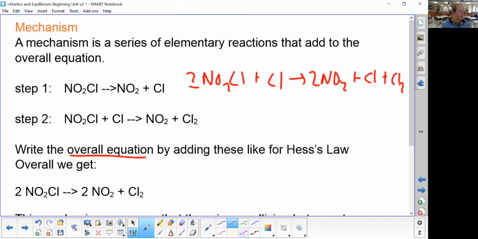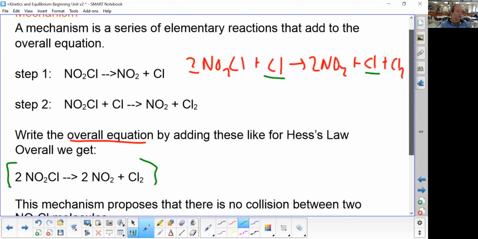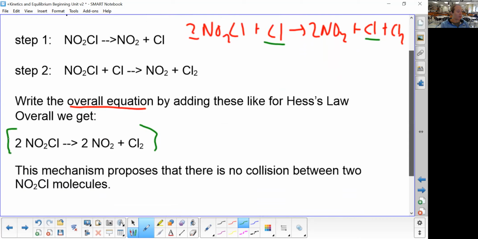That's where you can see that the chlorine atom is on both sides, so just like in Hess's law, they would cancel. That's why it's not in the overall equation. But what this shows is that the overall reaction has these 2 NO2Cl molecules, and it looks like they're colliding, that it would be a bimolecular reaction.